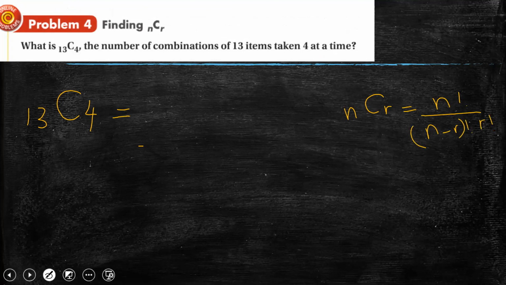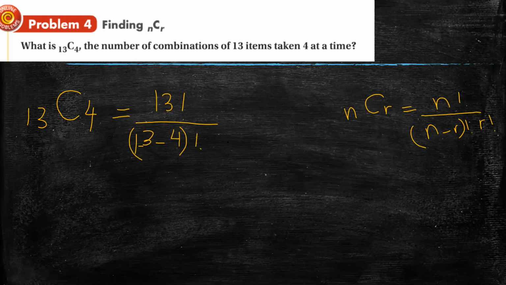Yes, it is n factorial over n minus r factorial times r factorial. So as Susan said, we write it up here: 13 factorial over 13 minus 4 factorial, all times 4 factorial. Is it clear?